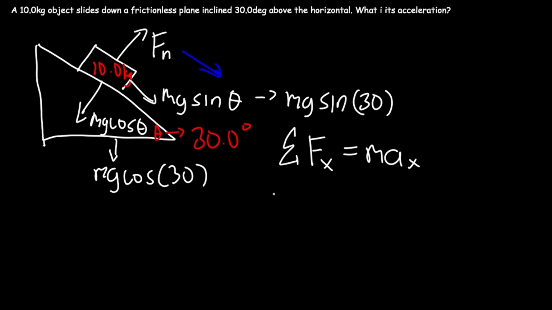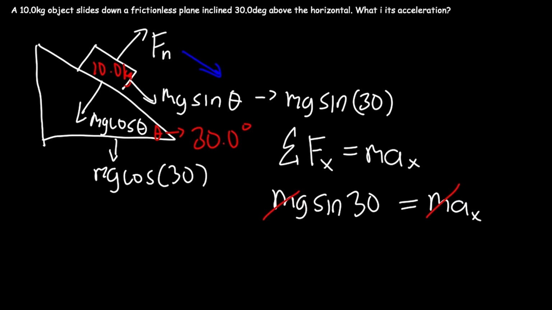So, we can write the formula. So, mg sine theta, or sine 30, is equals to ma sub x. Now, we can eliminate yung mass since hindi naman siya kailangan sa problem na to.